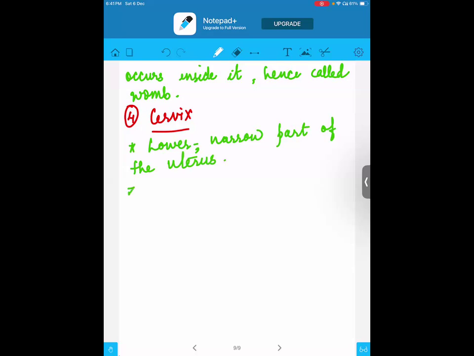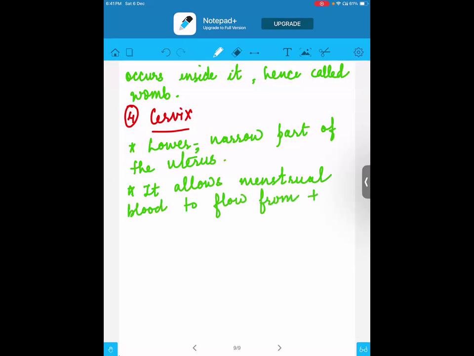The main work, what do they do? It actually allows the menstrual blood. So when the females get their periods, during that time this cervix will allow the menstrual blood to flow from the uterus to the vagina.